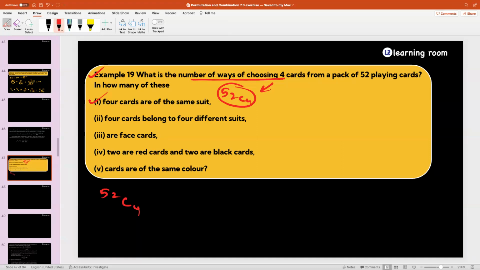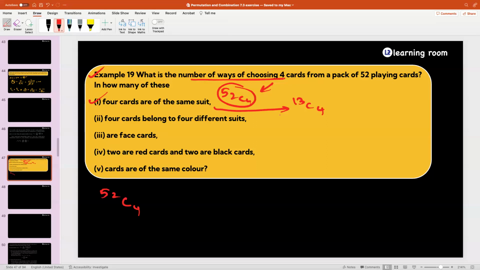So how many such suits are there which contain the same number of cards? 4. So 52 by 4 is going to be 13 cards. So 13 cards are going to be of the same suit. Out of the 13 cards, we are going to choose 4. 13C4. That is the answer for the first one.